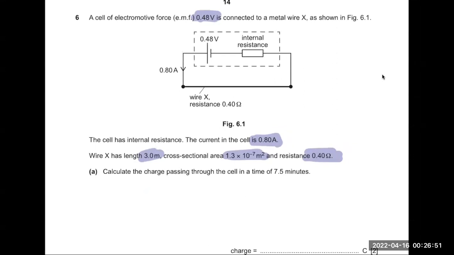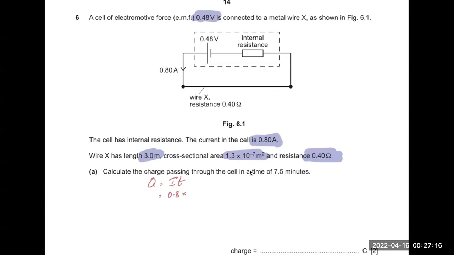Calculate the charge passing through the cell in a time of 7.5 minutes. How much charge passes through the cell? They've given you the current and they've given you the time. So you need to use the formula for charge. Q equals I times t. What's the current in the cell? The current in the cell is 0.8.